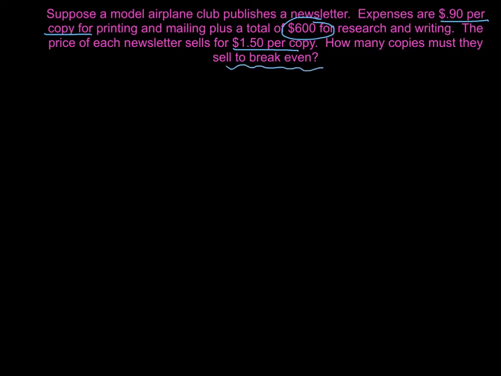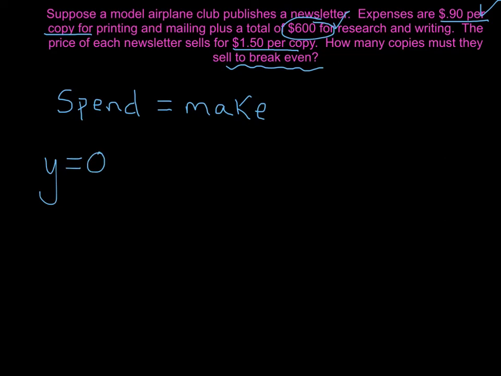So break even is once again where you're looking at an equation that represents how much money you spend, and we're setting it equal to how much money you make. So this newsletter, they have to spend $600 plus 90 cents per copy. And then how much money are they making?